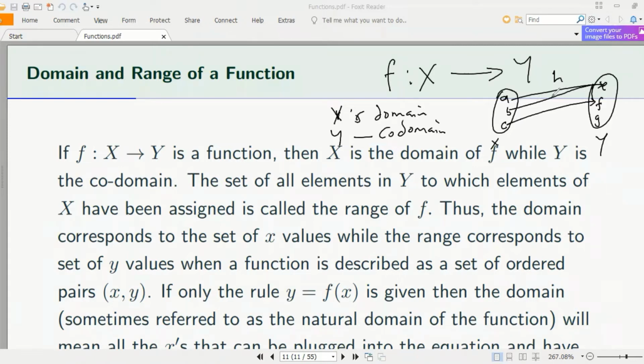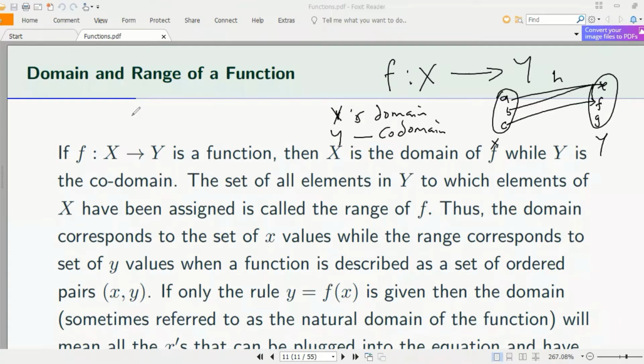But we've already looked at that before. What I want to introduce is the word range. You notice that in the codomain Y, we've only assigned to E and F. G has not been assigned to.